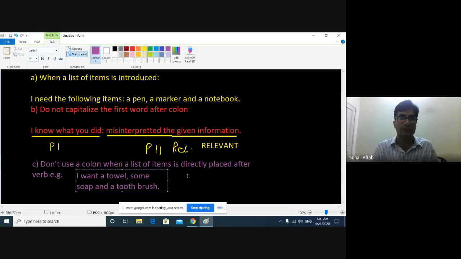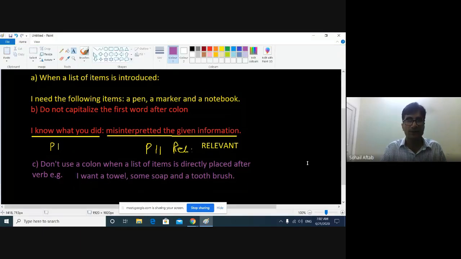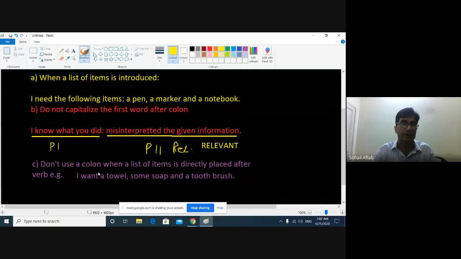Okay. So in this example, if you see, you say, I want a towel, some soap, and a toothbrush. Now here, if after I want, you place a colon, that will be a mistake.